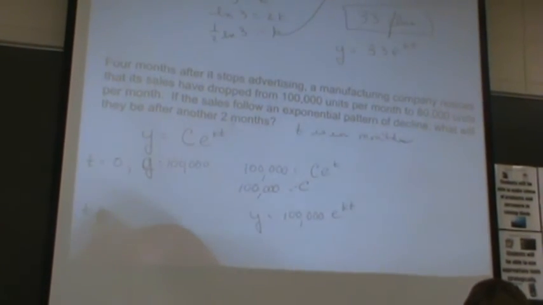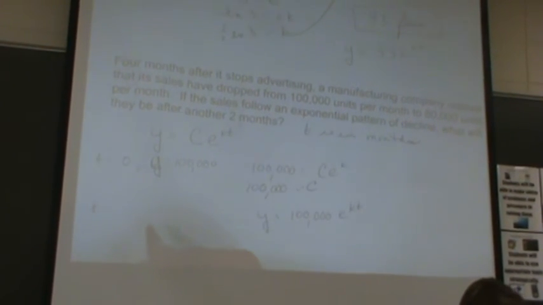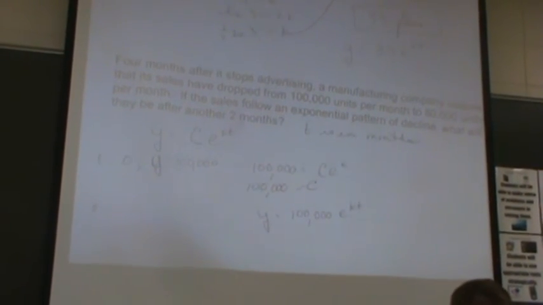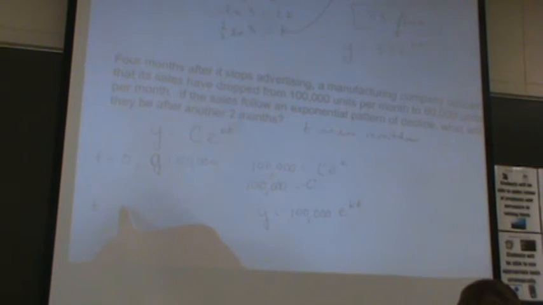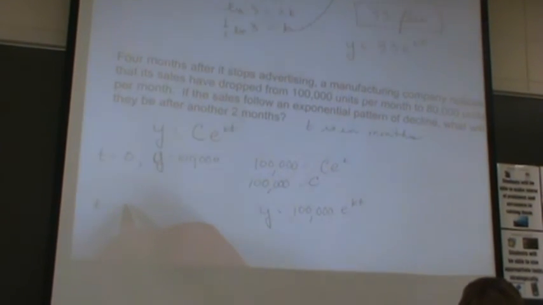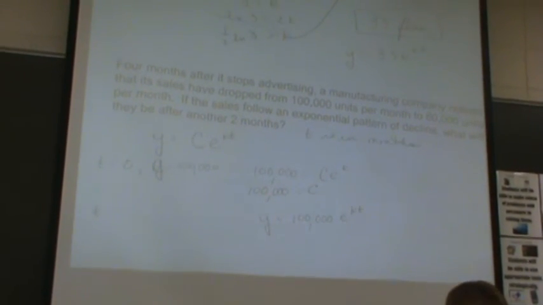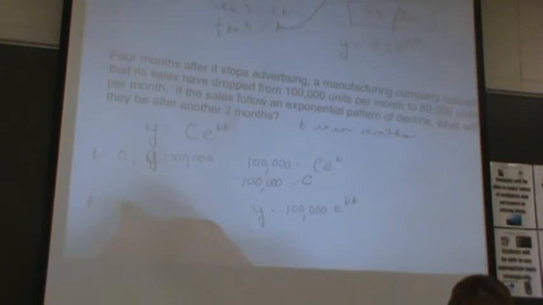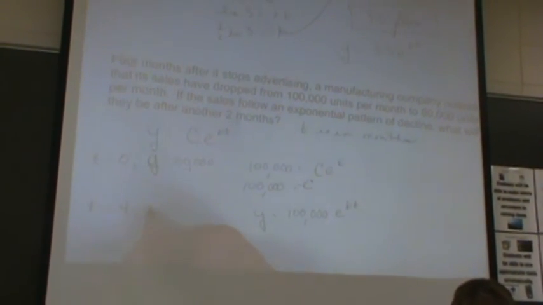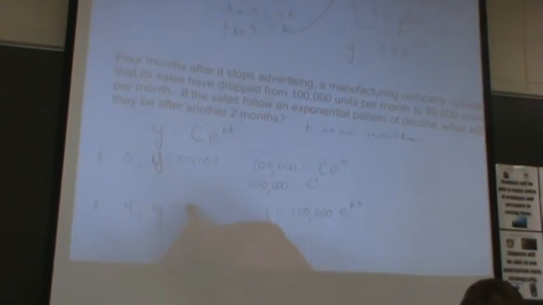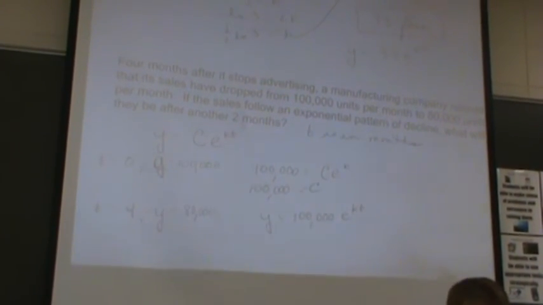And what other piece of information do we have? Read it one more time. T equals 4, y will equal 80,000, because after 4 months it dropped.